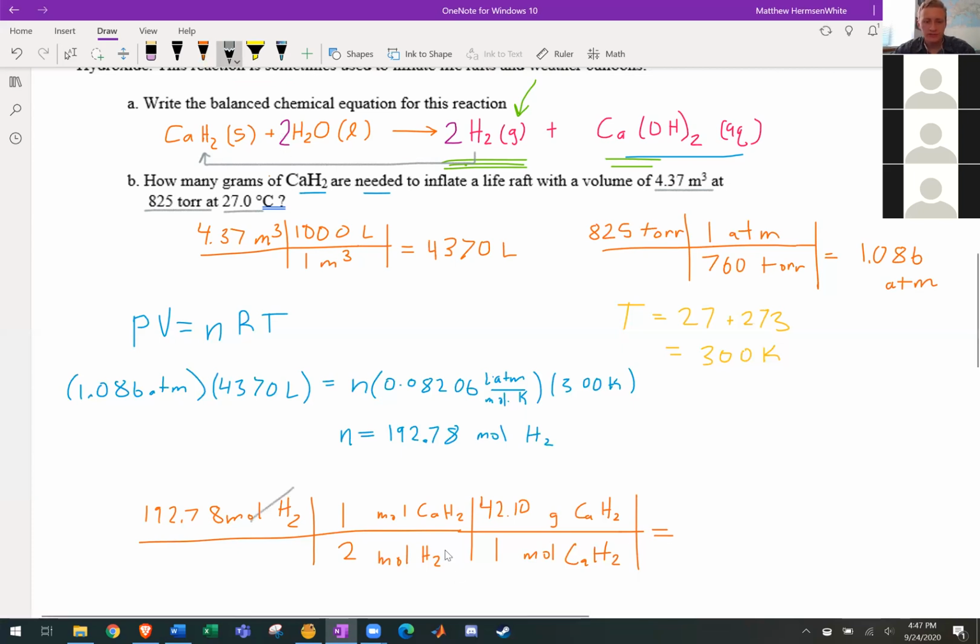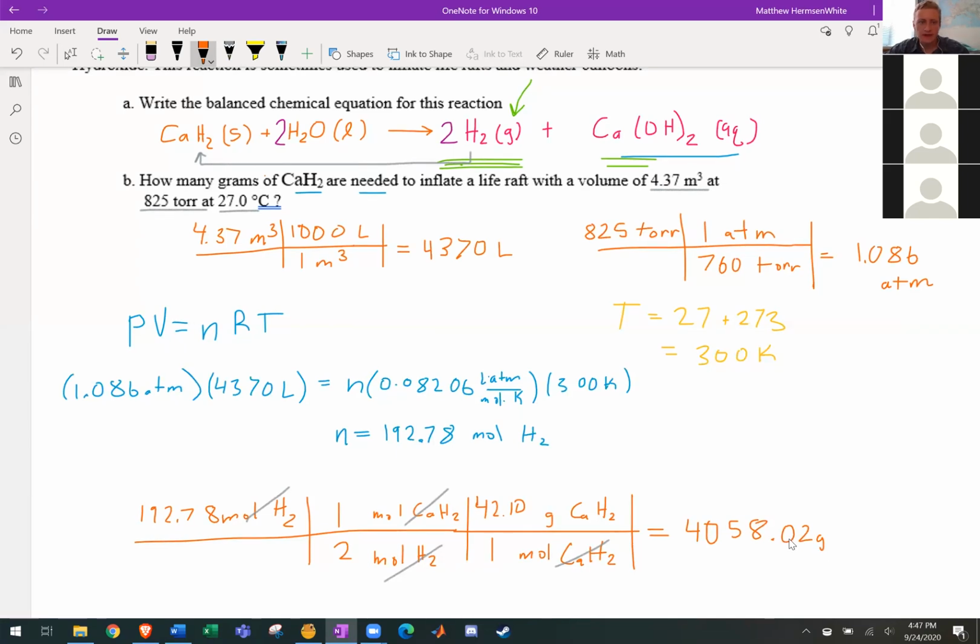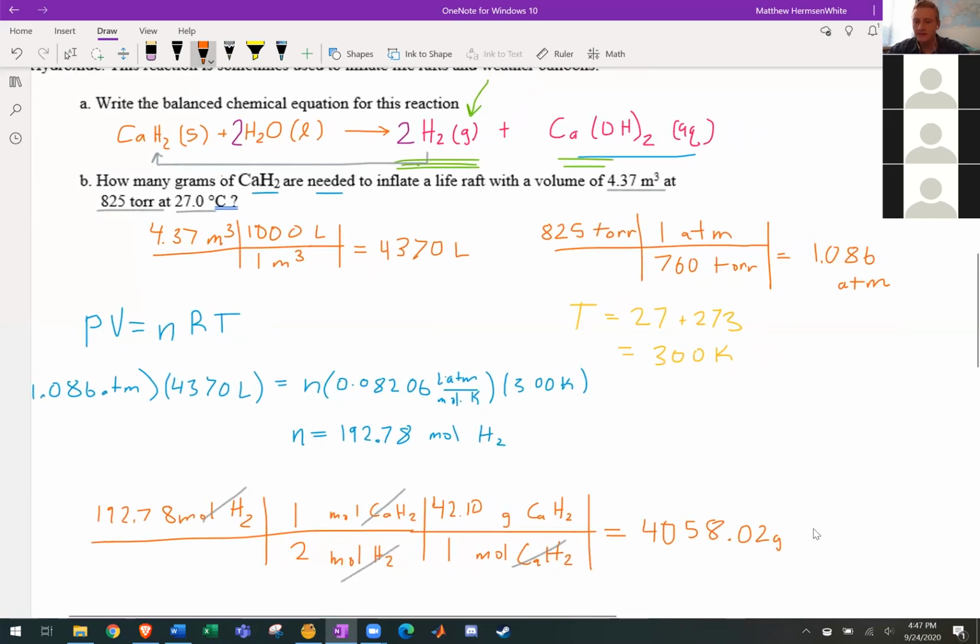Mole H2 cancels, mole CaH2 cancels, and we're left with grams of CaH2. And for this one, I got a final answer of 4,058.02 grams. And if we were doing sig figs, the problem started with 3 sig figs, so this would be 4,060 grams of CaH2.